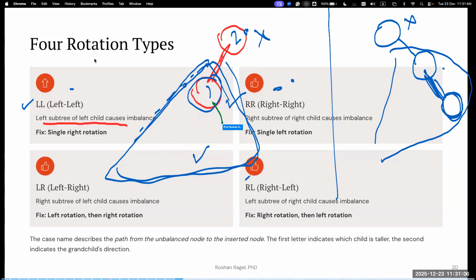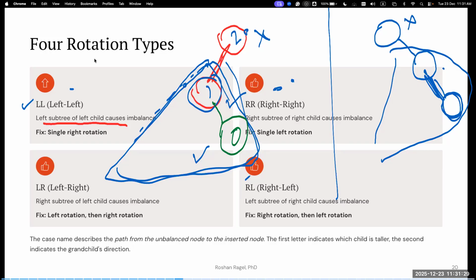Imbalance would have happened even if it is this, because this node is 0, the height of this one is 1, and therefore the balance factor of this is still 2, right?